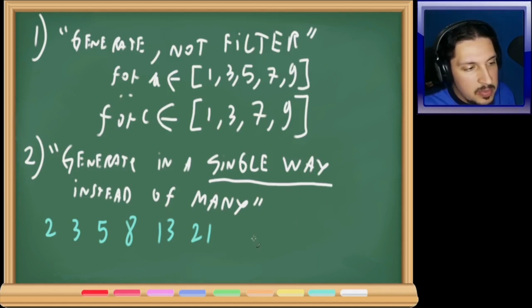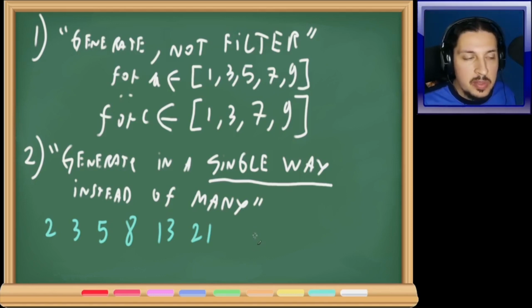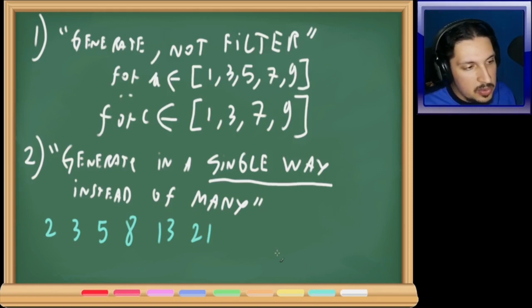In this problem, there were many submissions in the real contest that were getting time limit exceeded and were almost right, but they were failing to apply this second principle. They were generating the solution in many ways.